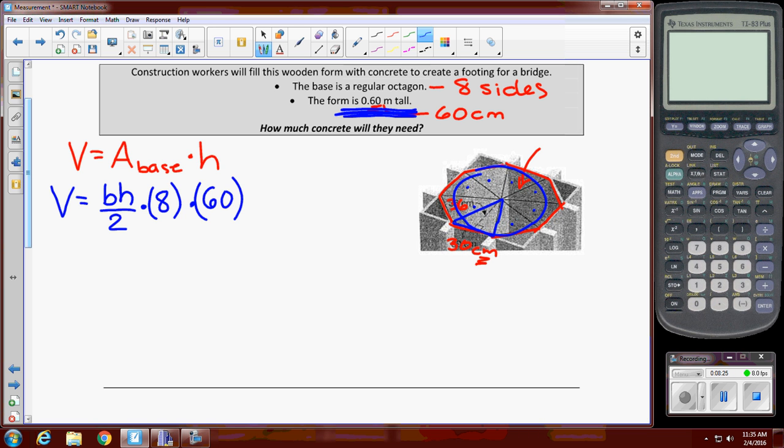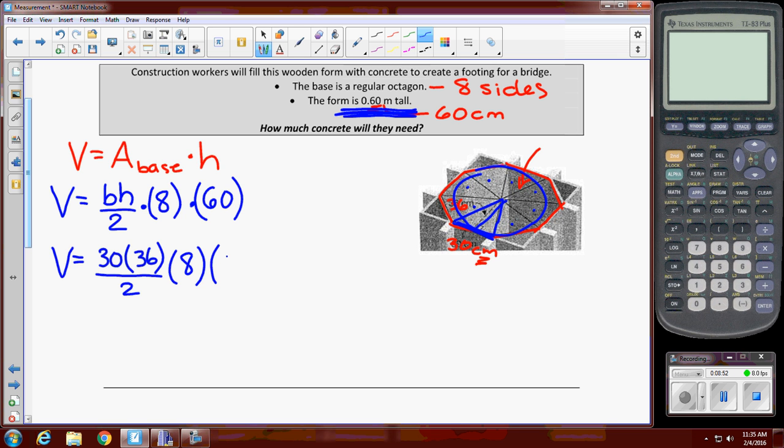So now let's go through and fill in what we know about the triangle. Remember, base and height in a triangle have to make a 90-degree angle to one another. Here's my base. It's 30. My height is 36. That's this, making the right angle. We divide that by 2, and that would give me one of the triangles. But there's 8 triangles in that base to make the octagon.